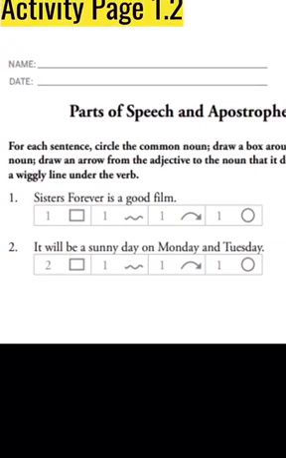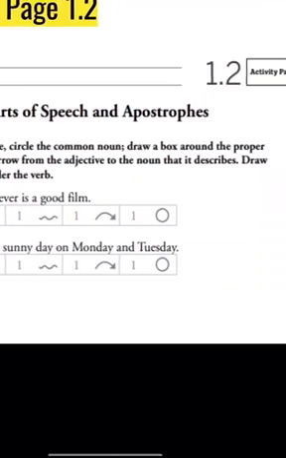So let's start with the box, which means we're looking for our proper noun. Sisters Forever is a good film. What is the proper noun? If you said Sisters Forever, you are correct. That is the proper noun. That is the name of the film. So you're going to draw a box around Sisters Forever.